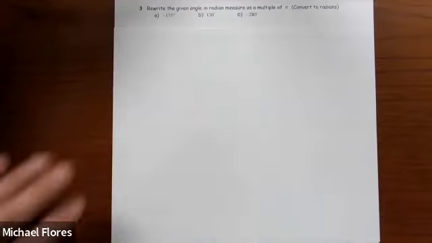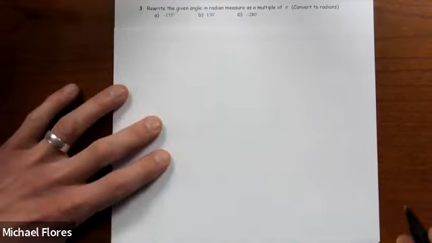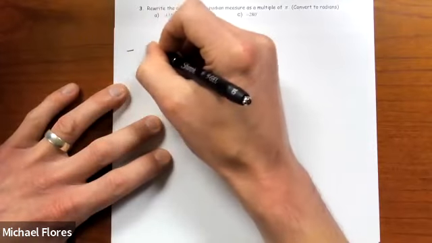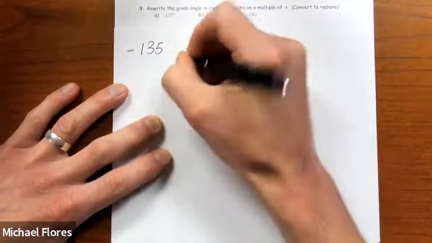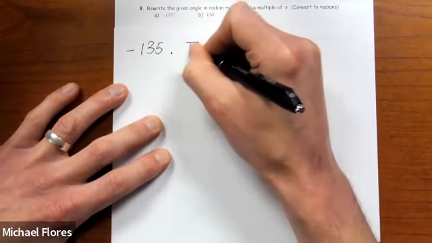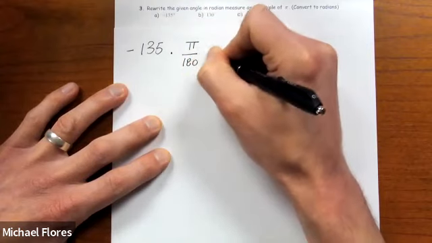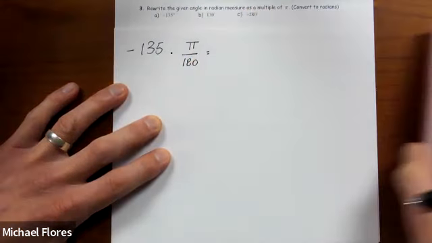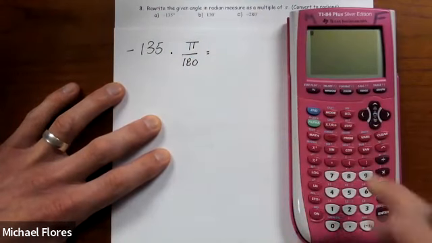For section 3, we are going to rewrite the given angle in radian measure as a multiple of pi and convert to radians. The way that we do this is we're going to take our degree, negative 135, and we're going to multiply that by pi over 180. Now on this test, we're allowed to use calculators, so I'm going to show you how you could do this in your calculator fairly easily.